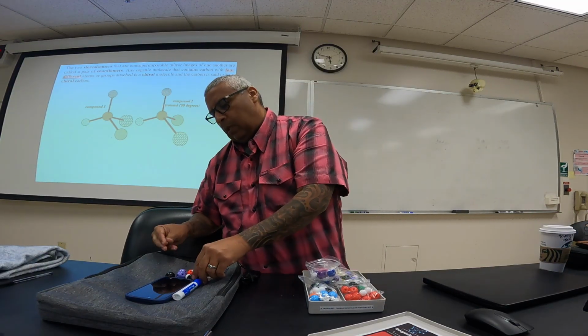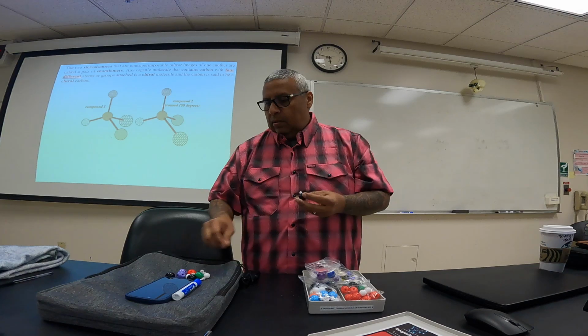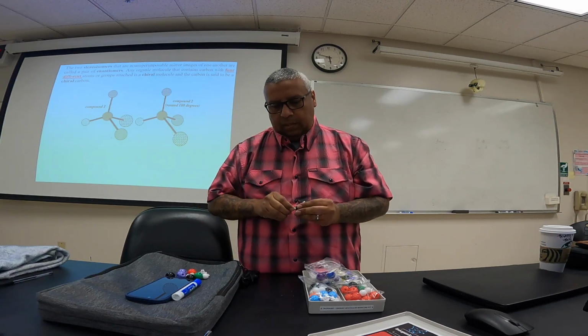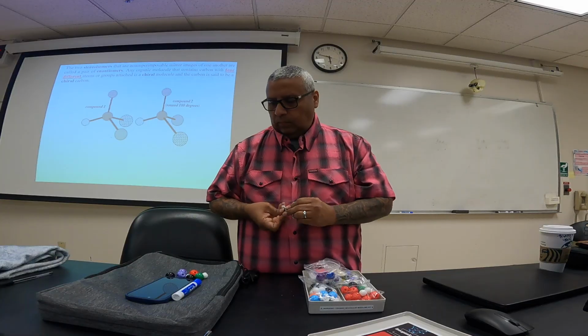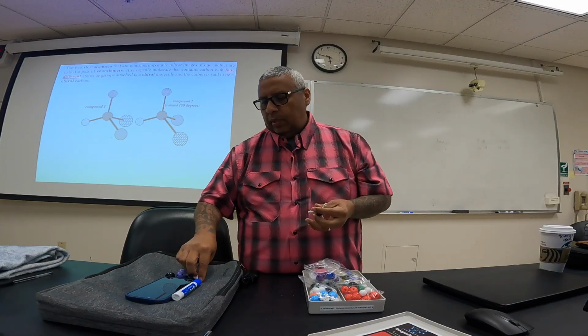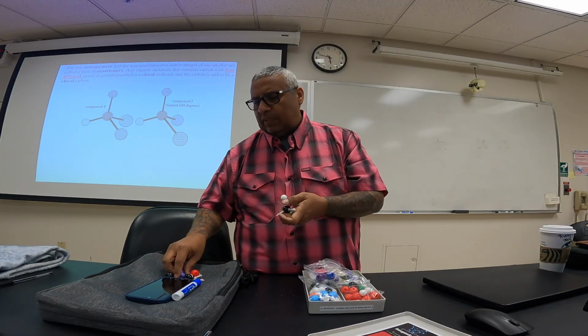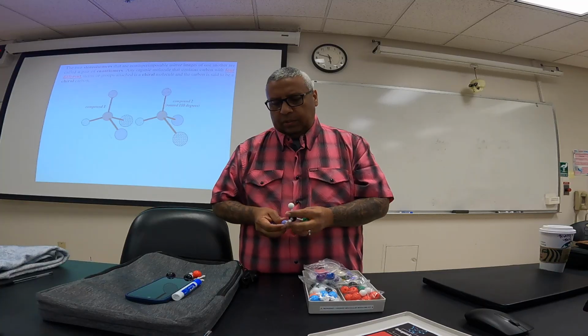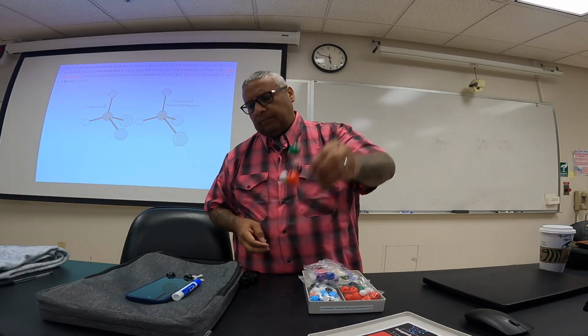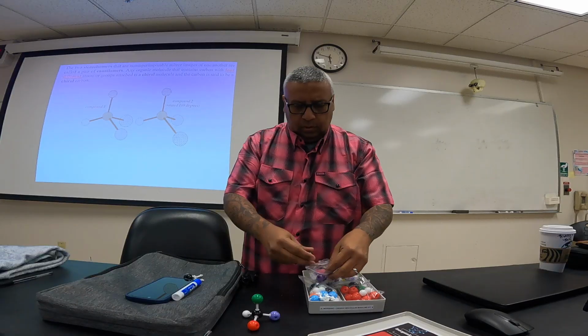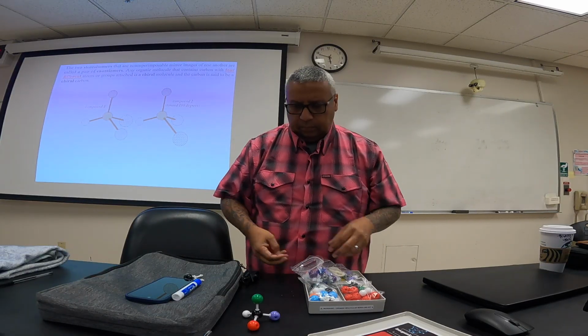All right. So this carbon is going to be represented by the black atom here. I'm going to put this green one on there. It doesn't matter which one. This represents hydrogen, but I'm just going to put 4 different colors here. And here, one model. Put that one back here.